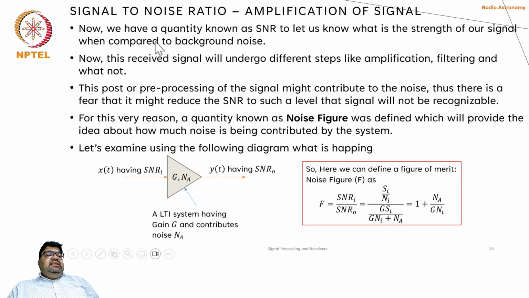So we have seen that the signal is already weak, and because of propagation through the medium, it weakens further. Not only does it weaken, but it also gathers other noises and interferences, which reduce the signal to noise even further. So effort should be taken to increase the signal to noise ratio.